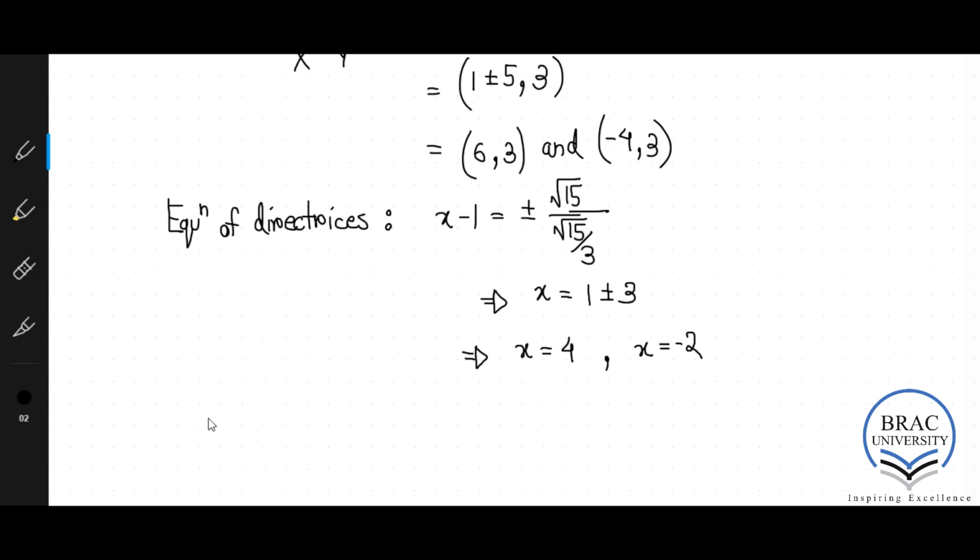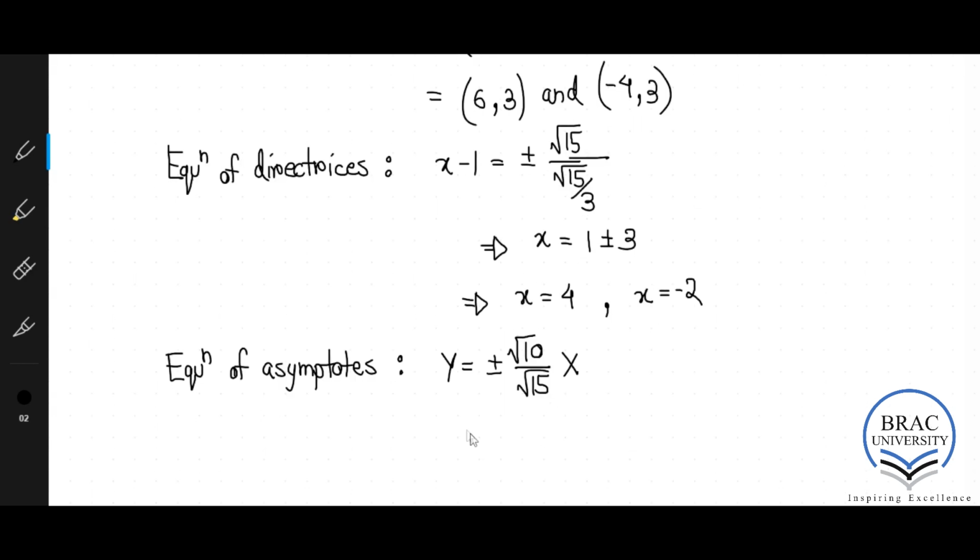And then let's write down the equation of the asymptotes. Here y is equal to plus or minus square root of 10 over square root of 15, x. This is just b over a, right?